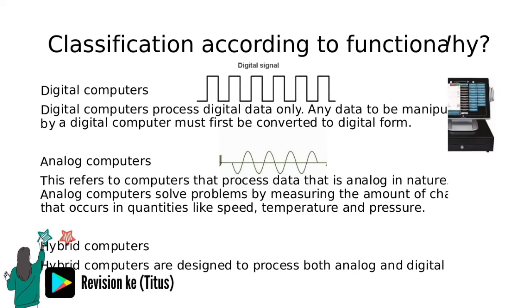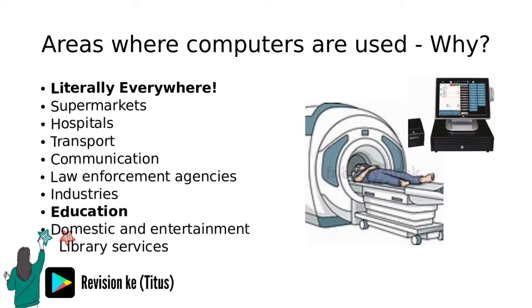And finally, let's look at the areas where computers are used. So I hope you've seen this before. These are point of sale systems. These are computers that you will see in the supermarkets. That's one way that computers are used. In hospitals, these are MRI machines.